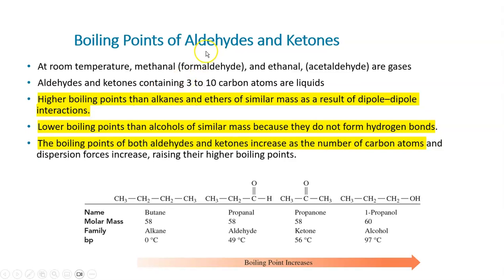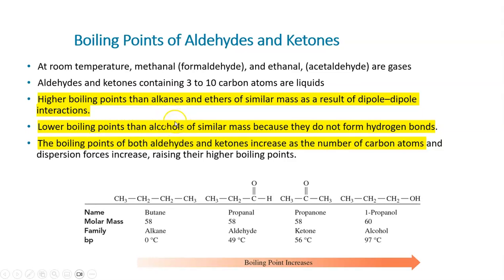But aldehydes and ketones do have higher boiling points because of the presence of the carbonyl group, which leads to the dipole-dipole interaction. That's an important point. And these aldehydes and ketones have lower boiling points than alcohols.